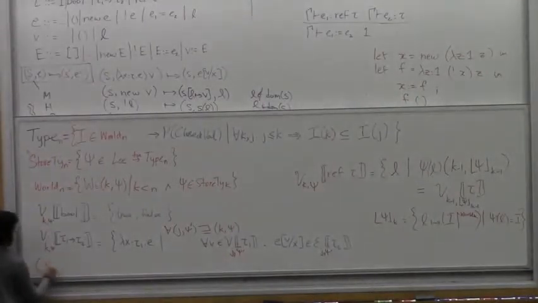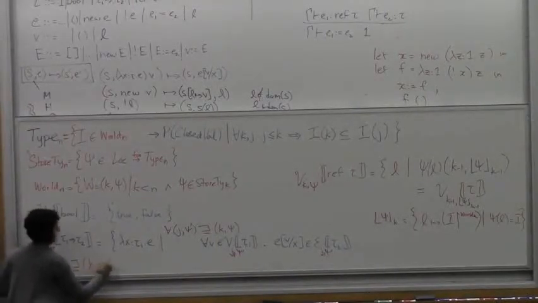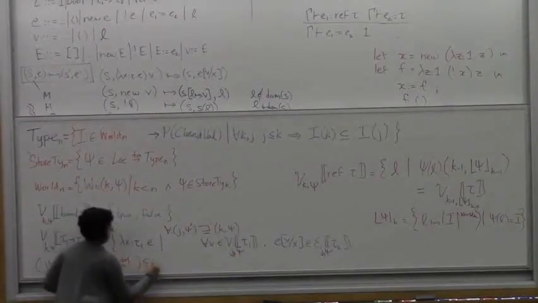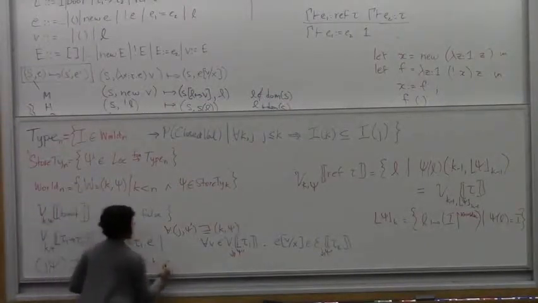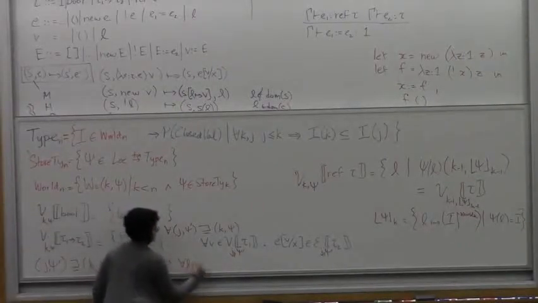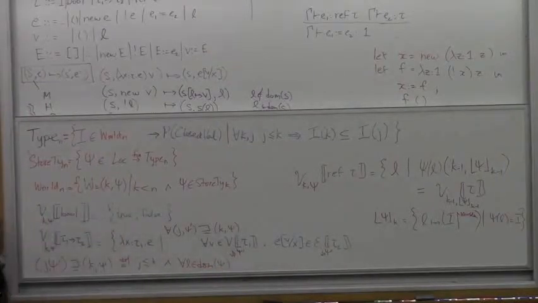So we're going to say that j psi prime is a valid future world of k psi, or j psi prime extends k psi, if j is less than or equal to k, and for all locations in the domain of psi, what should be the case?